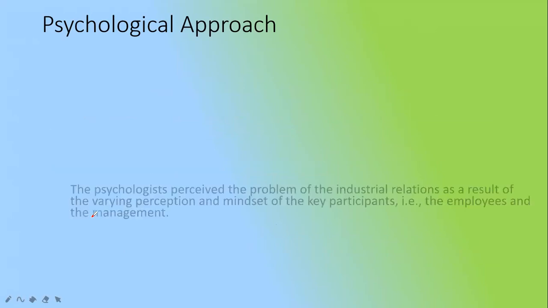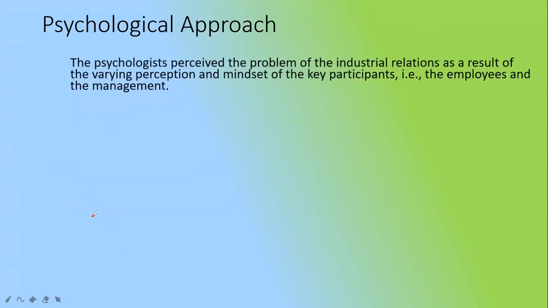Coming to the psychological approach. This psychological approach, the name itself says, is based on the perception and mindset of the key participants. While we are talking about industrial theories, industry comprises two main elements: one is employer and one is employee. The psychological approach says the industrial problem arises due to the difference in perception of these two participants.